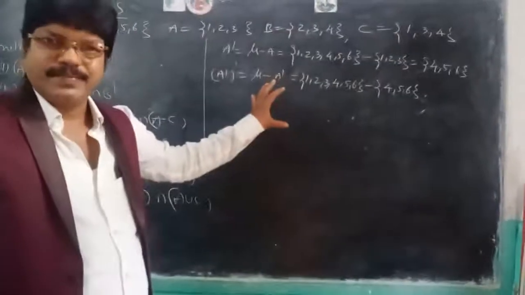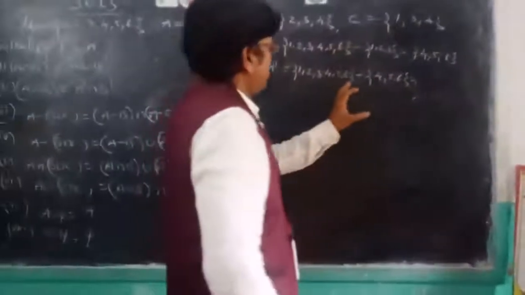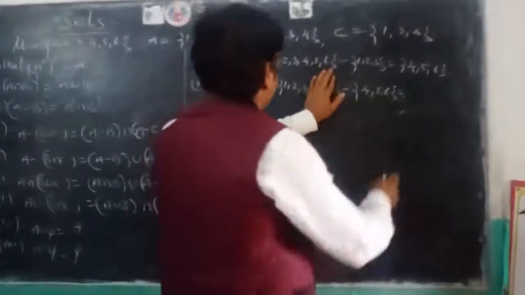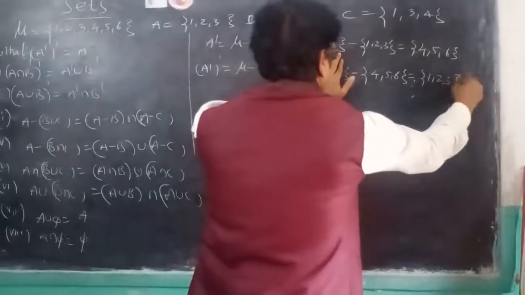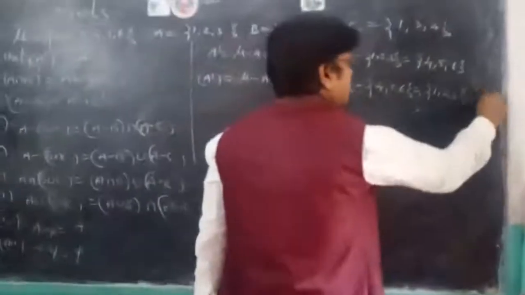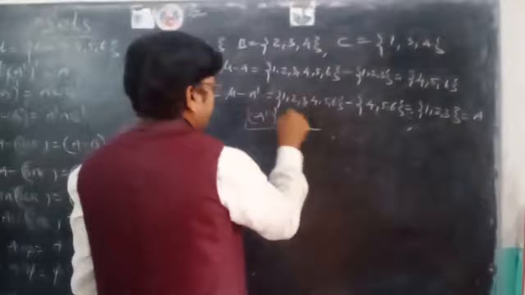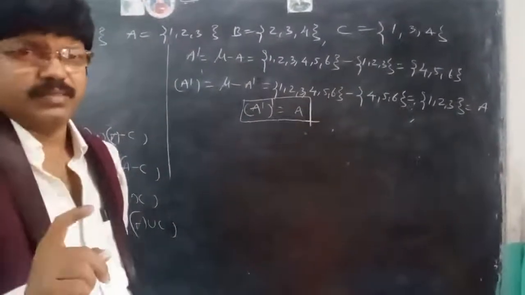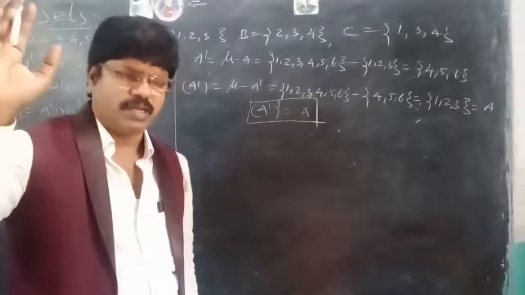Did you get clarity? The common elements are 4, 5, 6; remaining from the first set is 1, 2, 3. This equals A. So A dash whole dash equals A. This is an identity. Don't forget, forever, in sets A dash whole dash equals A.